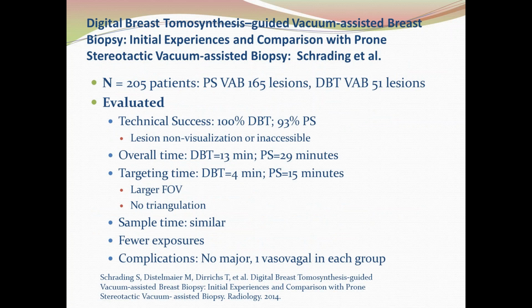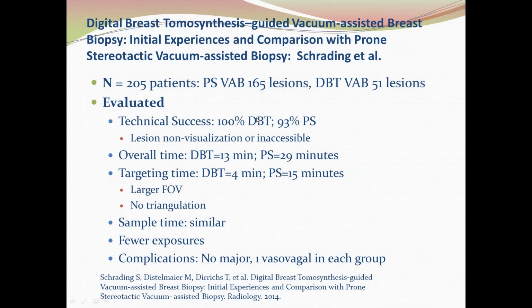What they did was take their baseline of prone vacuum-assisted biopsies, that's traditional stereotactic biopsies. They had 165 lesions. They timed it, and they looked at various aspects of doing the biopsy that way. And then they had 51 tomosynthesis-directed biopsies. And they evaluated factors like, was it technically successful?